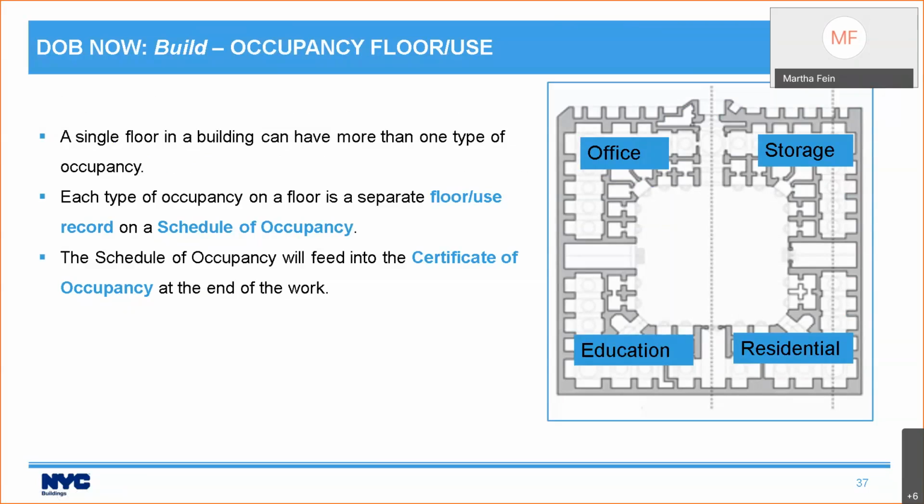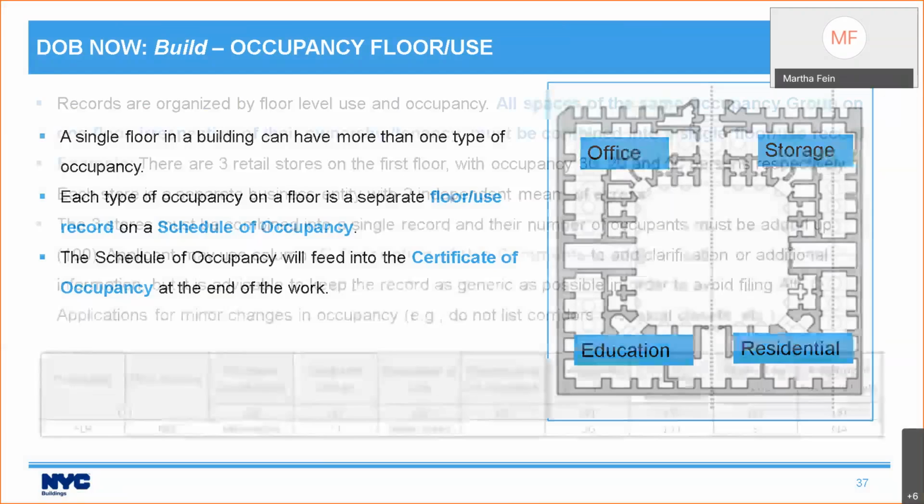Each type of occupancy on a floor is a separate floor use record on a schedule of occupancy. So this floor would have 4 floor use records, 1 for each type of occupancy. And of course, the schedule of occupancy then will feed into the certificate of occupancy.